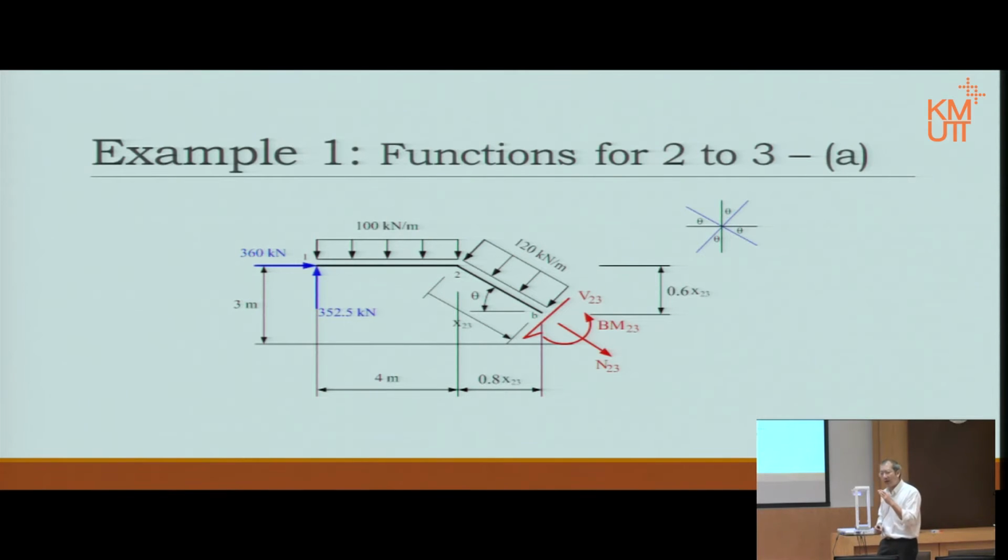Therefore x has to follow the length of the beam. And of course, by definition, shear is 90 degrees to the cut, N is along the same line of the member, and then bending moment, well, it's still moment about the Z axis. Okay, and that we identify using sine and cosine, that's 0.6x and 0.8x.